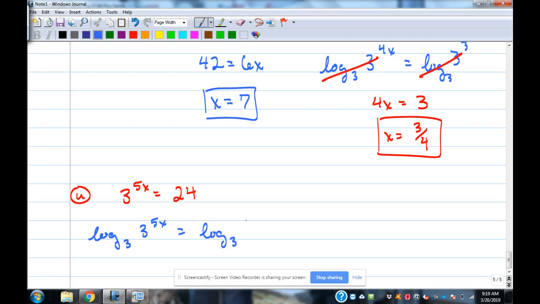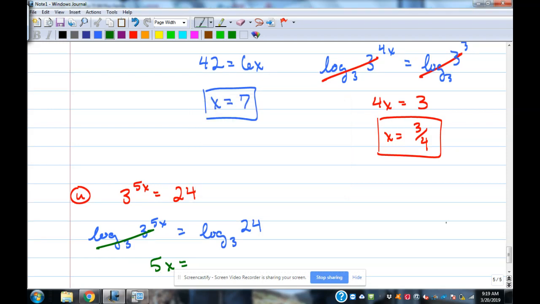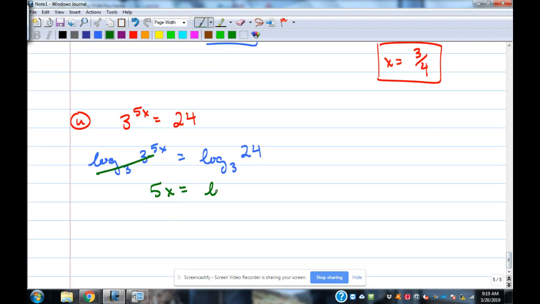The log base 3 of 24 is a number, right? We know we can put that in a calculator and get a decimal. It's an ugly decimal number, but it's a number, right? So I can take that and plug that in. And on the left-hand side, the log base 3 and the 3 cancel out. And I just get 5x is equal to log base 3 of 24, right? And that's a number. How do I get x by itself? Divide everybody by 5.